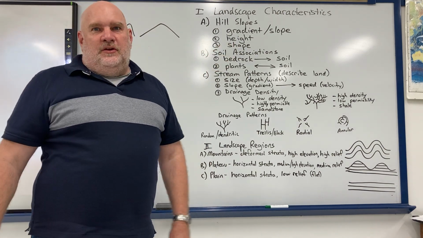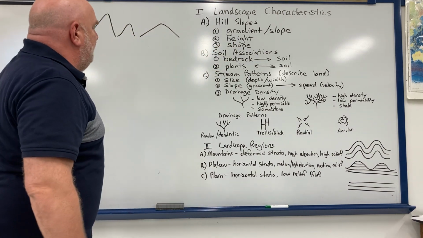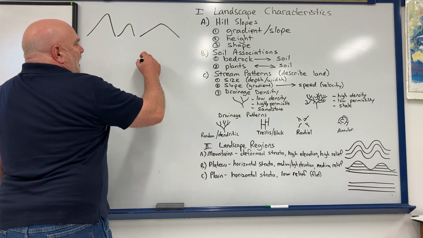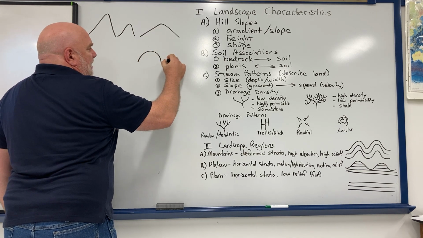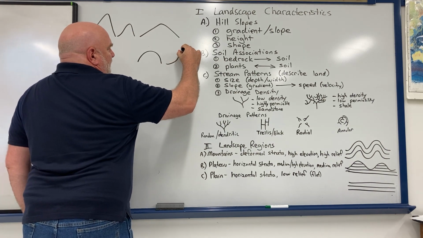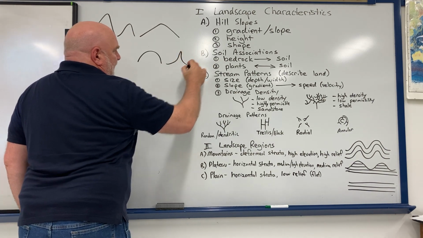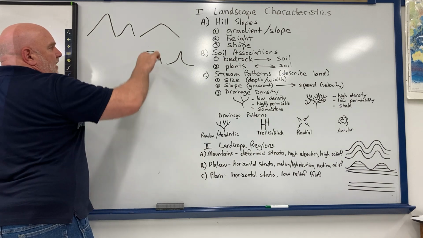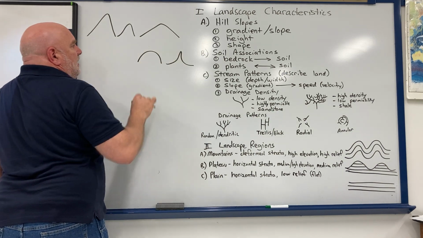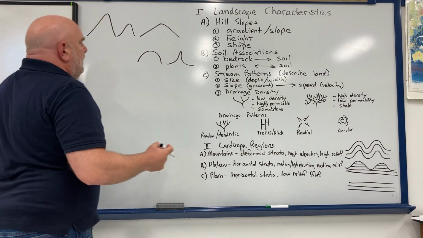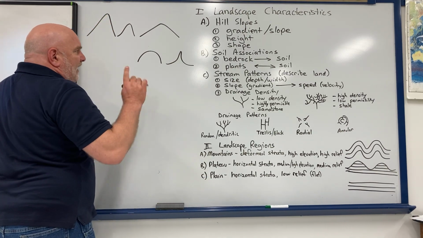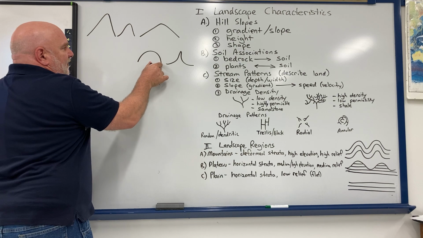And another thing you might use to describe the hills is the shape. I might have one hill that has a shape like that, and another hill that has a shape like that. They're both the same height, and gradient is rise over run, so the height divided by the distance.